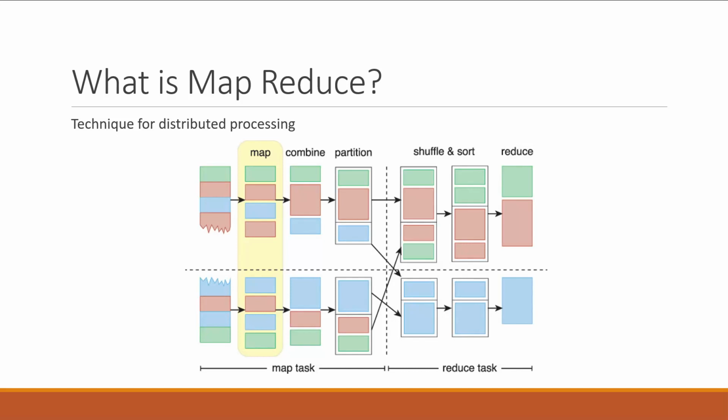So mapping is all about going to each node and finding the data that we're interested in, doing some sort of manipulation or extraction, and that's going to be happening in a distributed way.